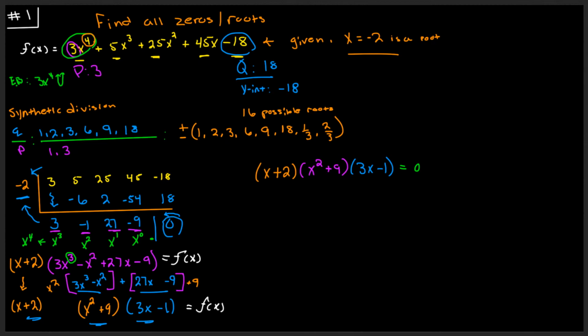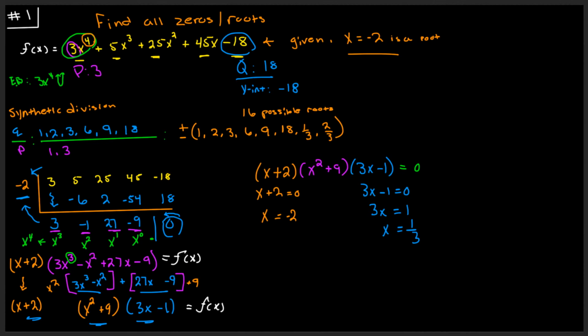So the first one, I'll go through these in all details. x plus 2 equals 0, so x equals negative 2. I'm going to do this one first because the other one's going to take a little room. 3x minus 1 equals 0, so we have 3x equals 1, x equals 1/3.